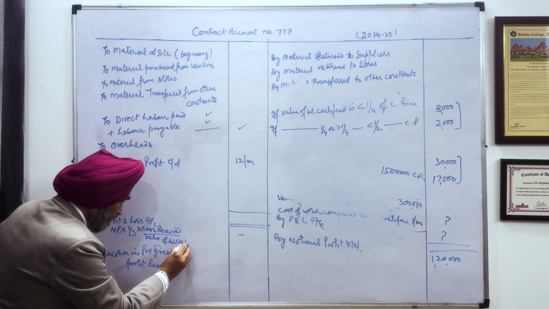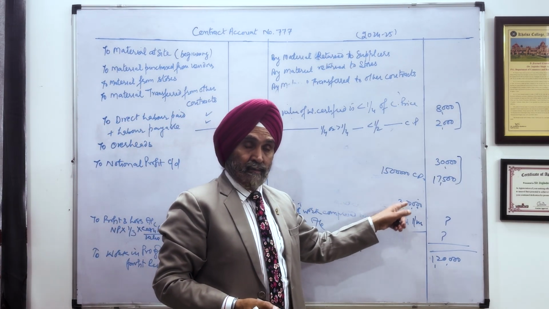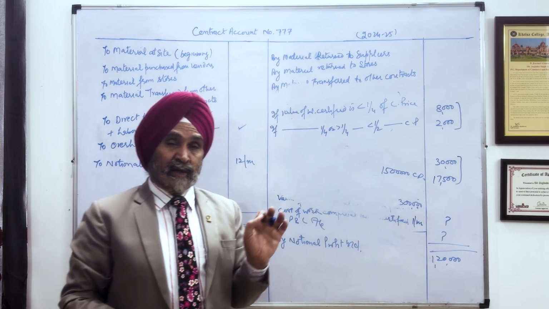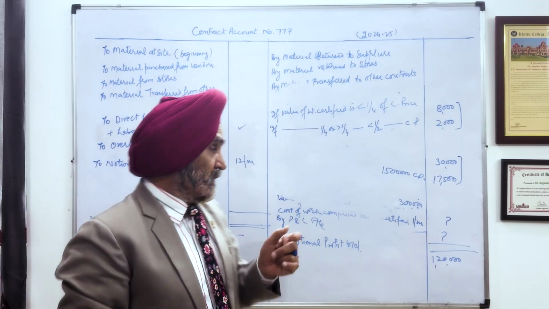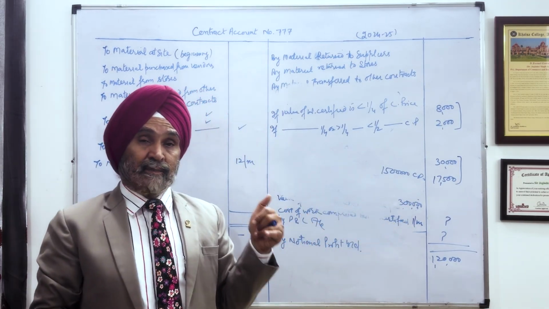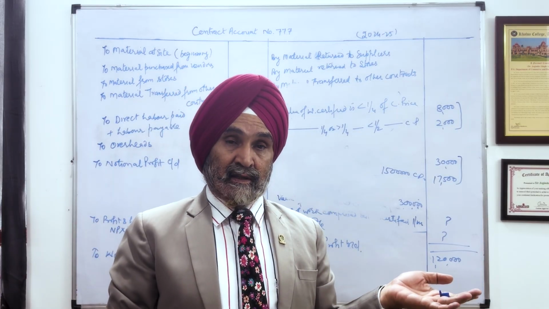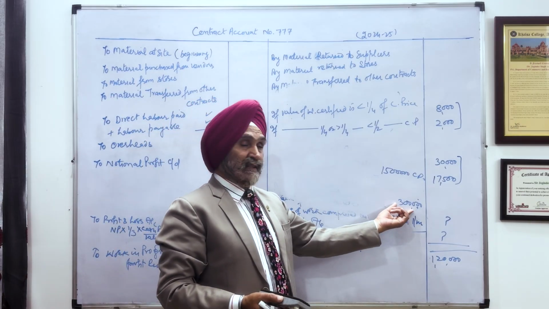Work certified may be 3 lakh. The contractee might have given 2,50,000 against 3 lakh, and 50,000 he might have kept as retention money. He has not given the whole of the work certified as cash.